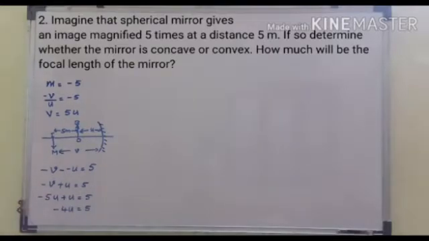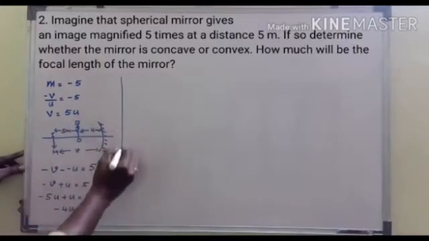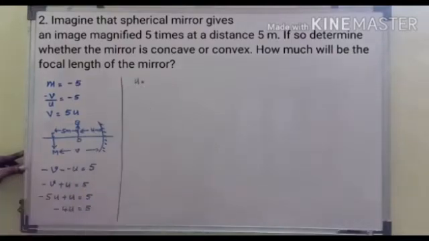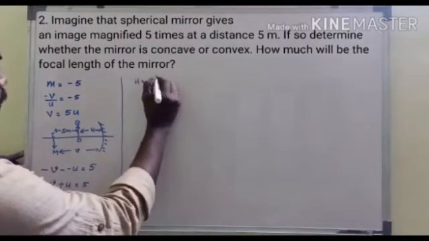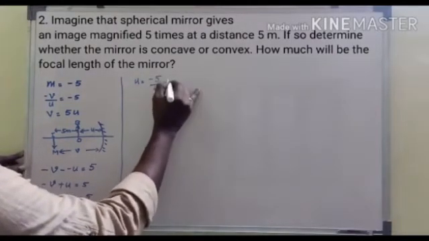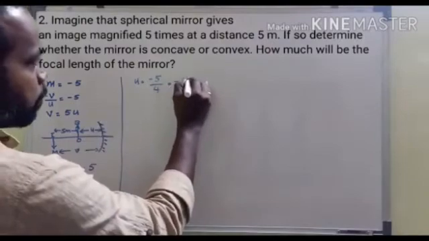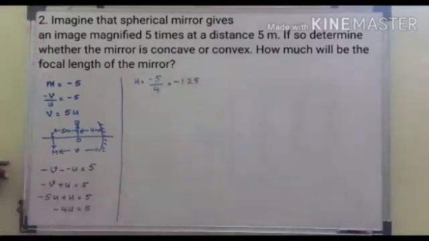That is u is equal to minus 5 by 4, which is minus 1.25. That is u.